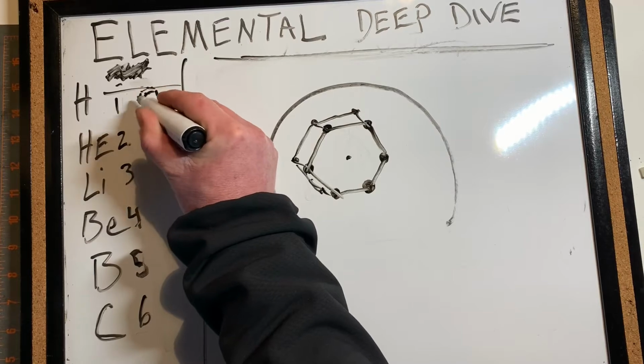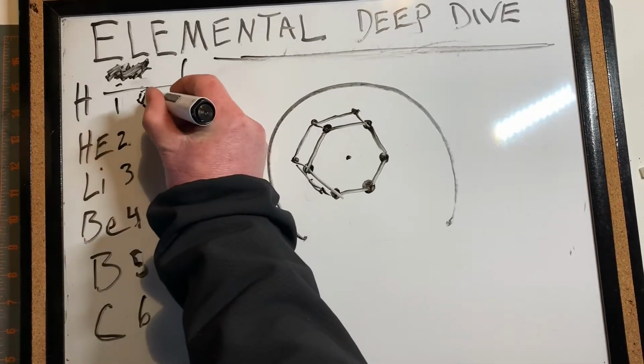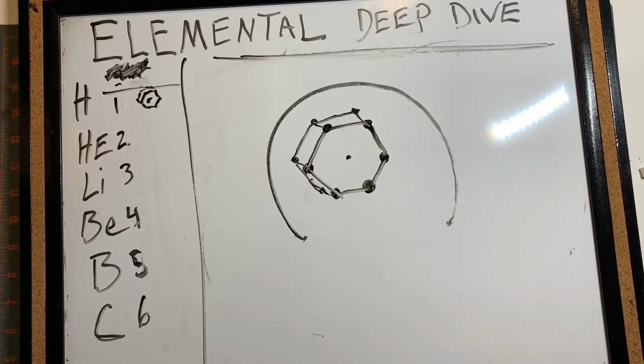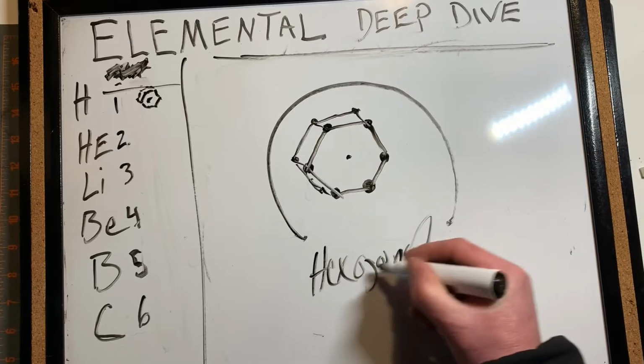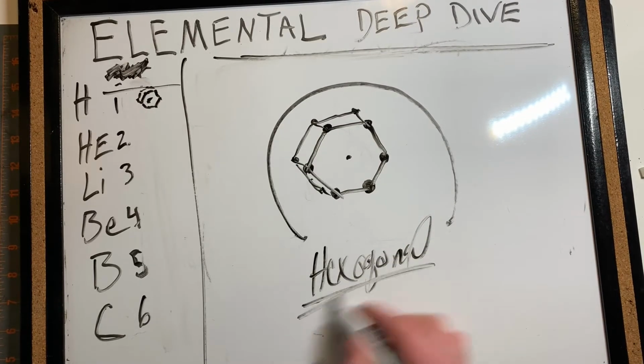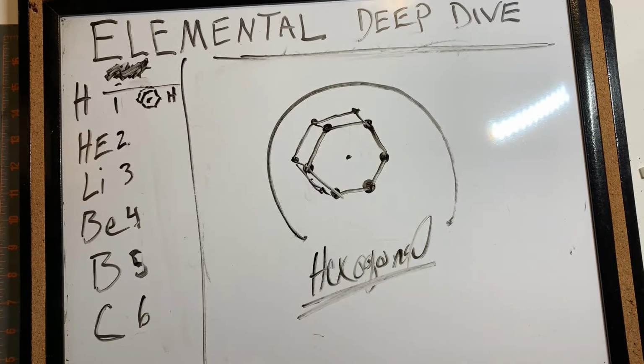That kind of exist like this, and they're going to call those just hexagons or hexagonal, right? It's a hexagonal molecule, hexagonal, H-E-X-A-G-O-N-A-L, right? So we'll say that this is a hexagonal molecule, atoms, right? Whatever you want to call it.